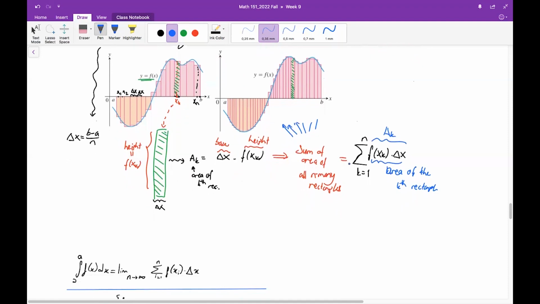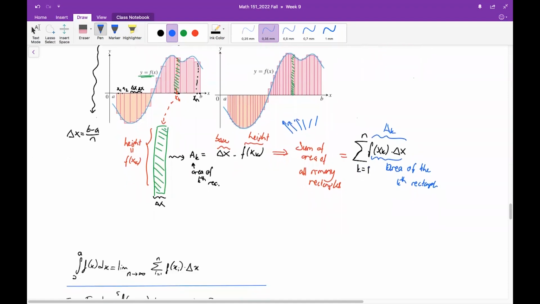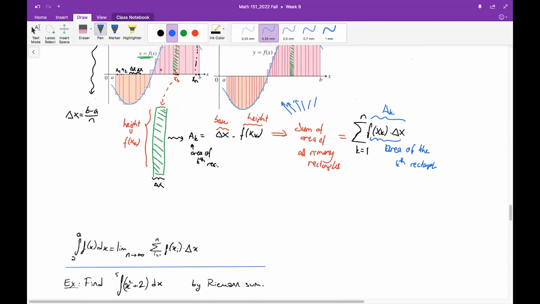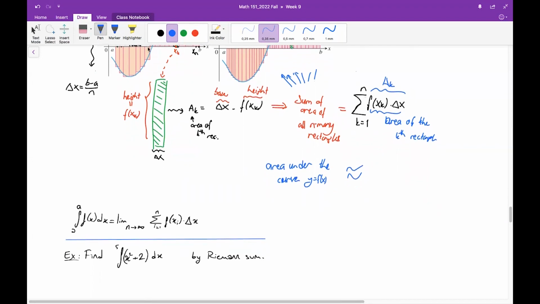We have n many rectangles, that's why the sigma notation starts from k equals 1 to n. And now how to relate this to the exact area? So far, we know that area under the curve y equals f of x is in fact not exactly the same as this. It is approximately the same as this sigma notation. So k is from 1 to n, f of xk.